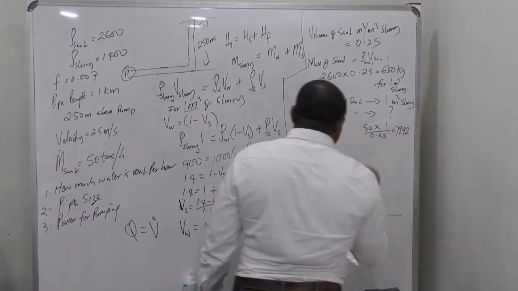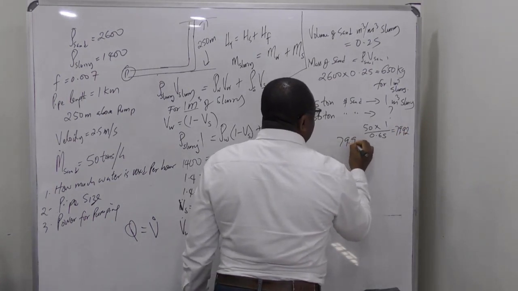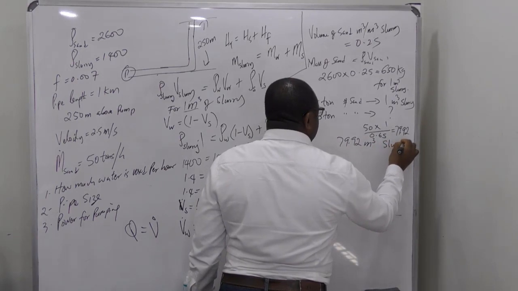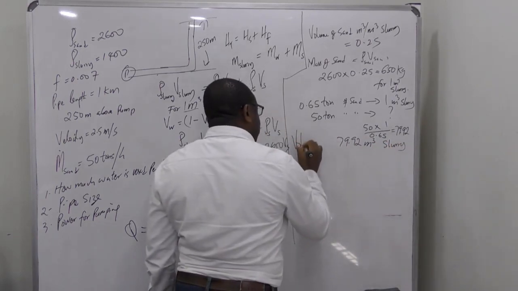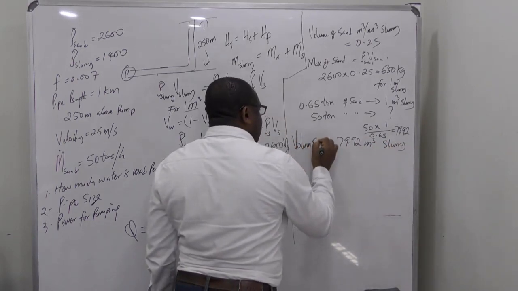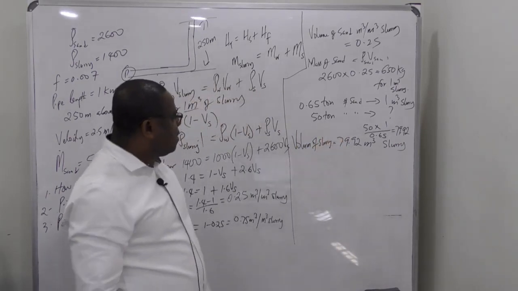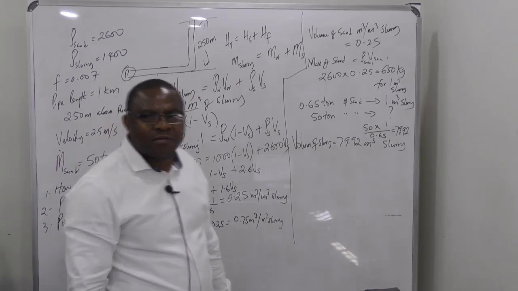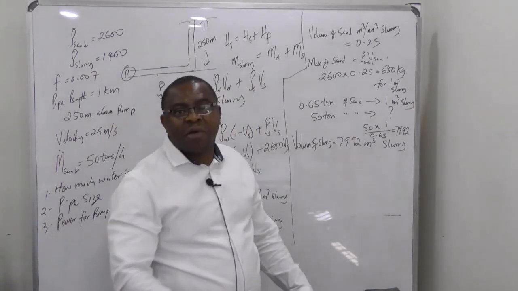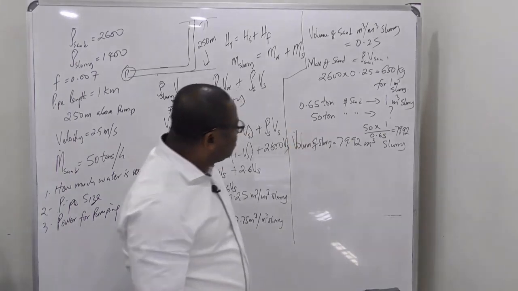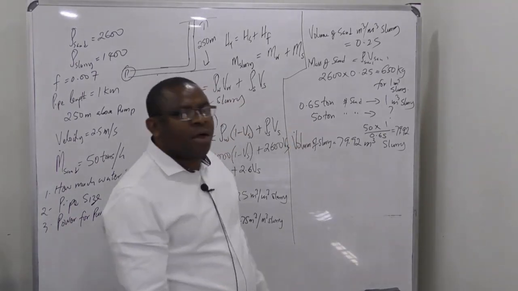So the volume of slurry will be that. Okay? So that's our volume of slurry. If you are dealing with per hour or whatever, just make sure you have that. But it is 79.92 meter cube.